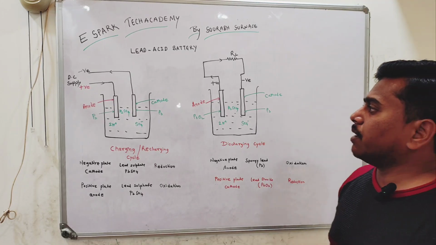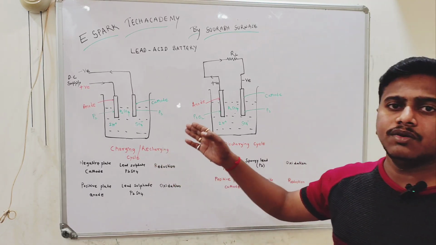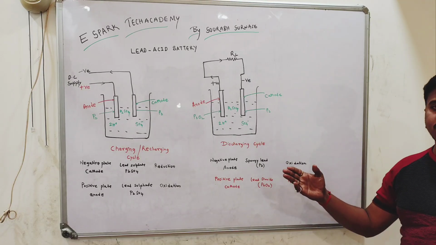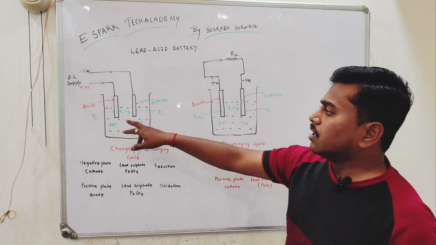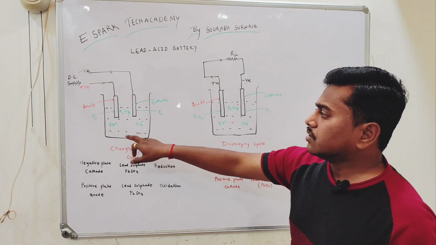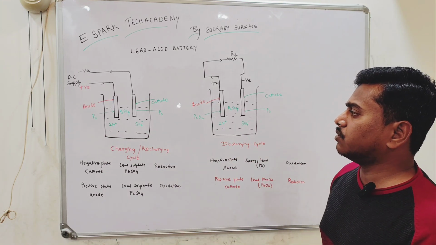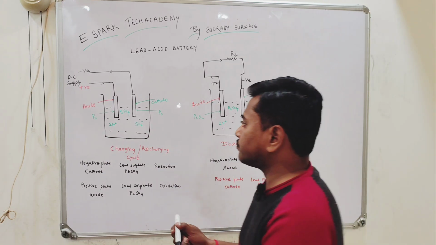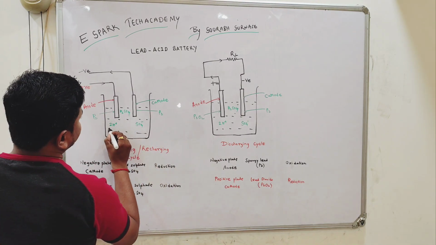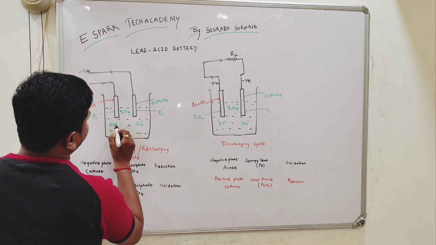Now what happens is, when you feed electrical energy through these electrodes, a chemical reaction takes place. These H plus ions are created at the anode and are transferred to the cathode, as these are positive ions.